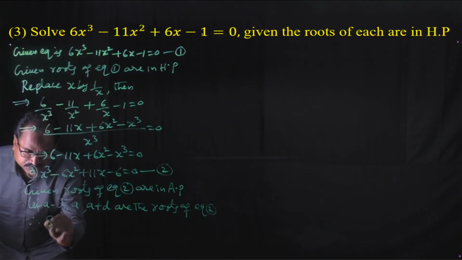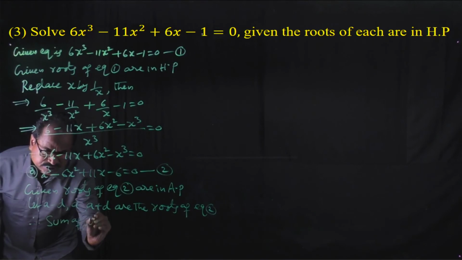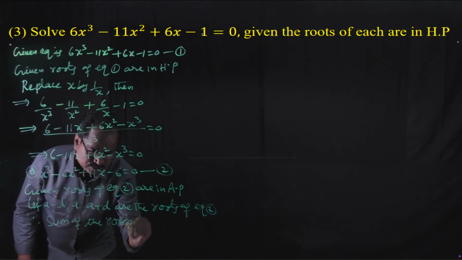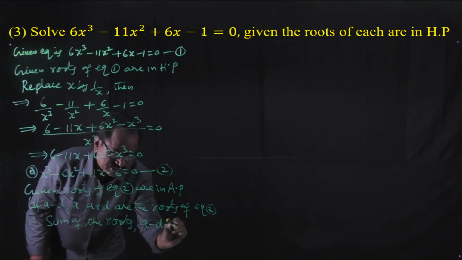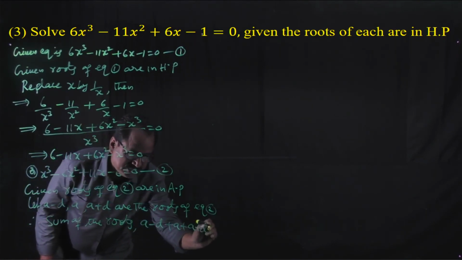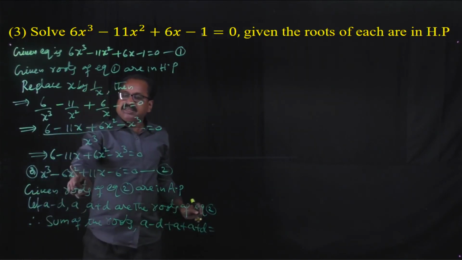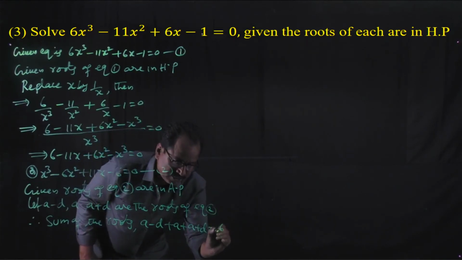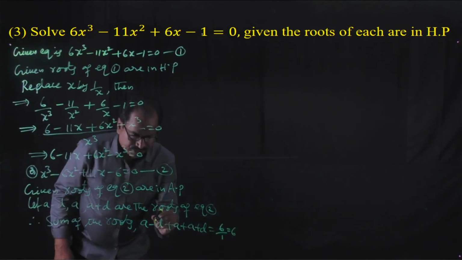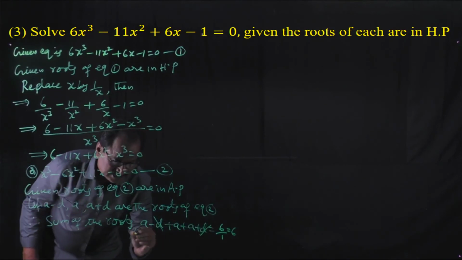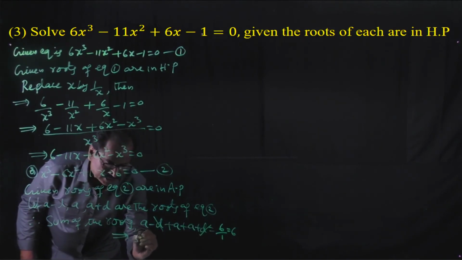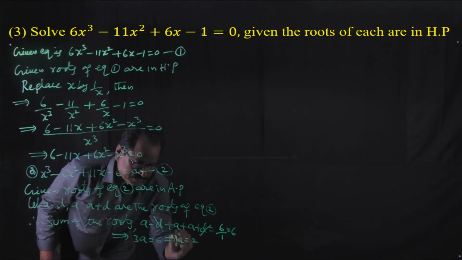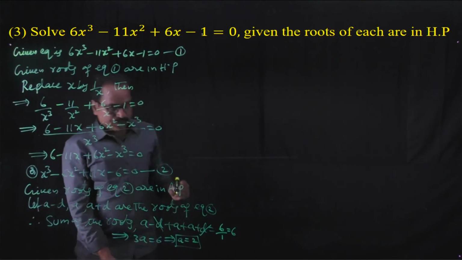Therefore, sum of the roots a minus d plus a plus a plus d is equal to minus a1 by a0, minus of minus 6 by 1, that is equal to 6. Here minus d plus d gets cancelled. This implies 3a is equal to 6, a is equal to 2.